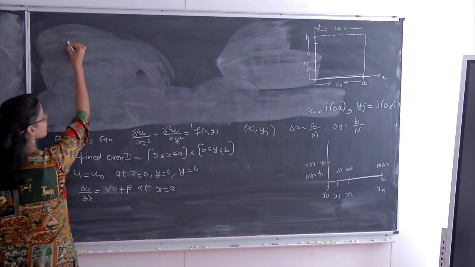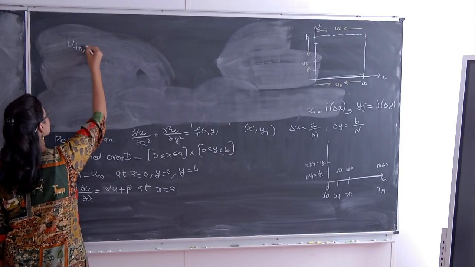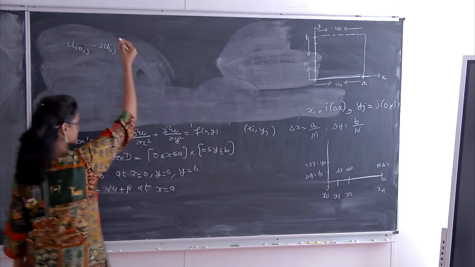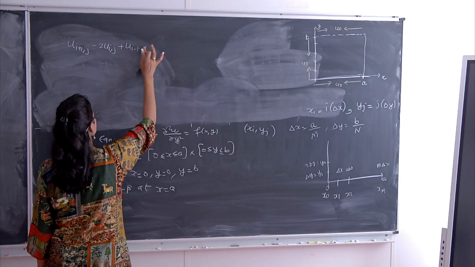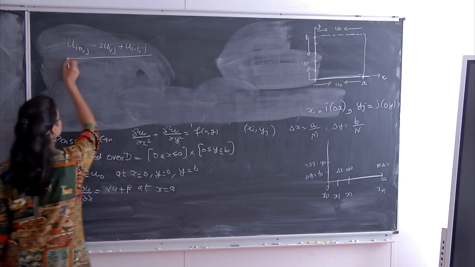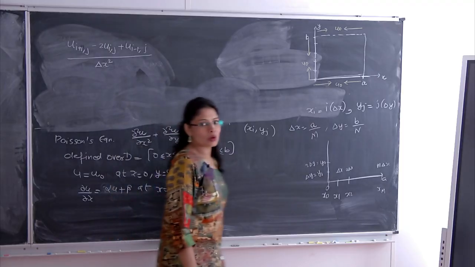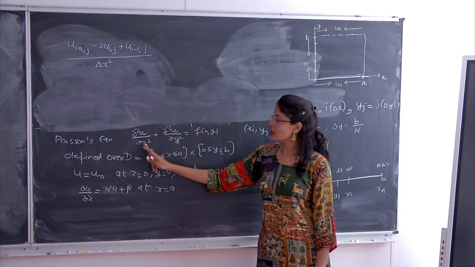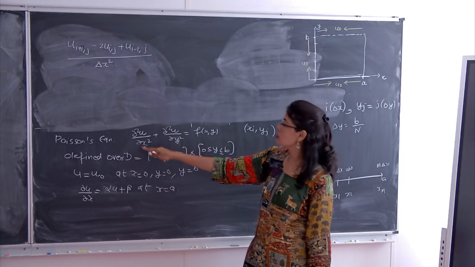What can I write down here? I can write u_{i+1,j} minus 2u_{i,j} plus u_{i-1,j}, divided by delta x square. Because we are given two variables x and y, when taking the derivative with respect to x, the y coordinate is fixed.